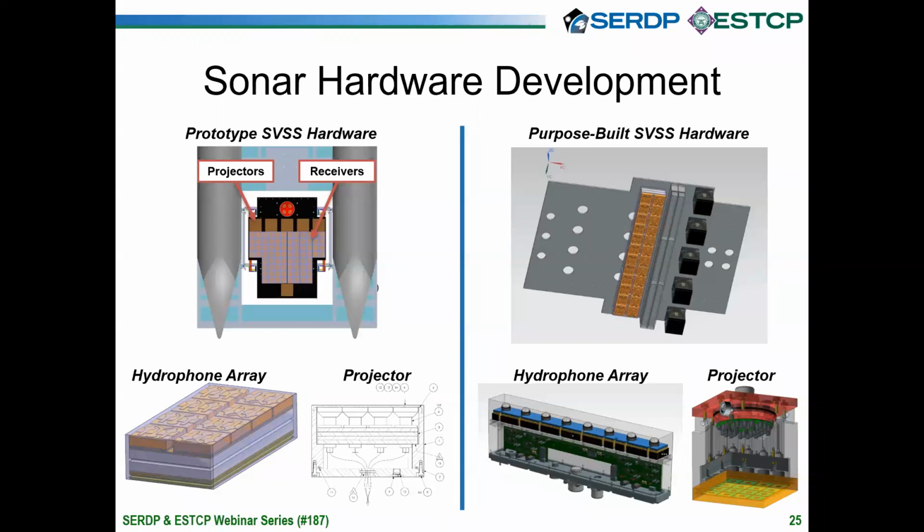We're currently coming through the final stages of fabrication of our new hydrophone array. So we're moving away from our 2x4 configuration into a 1x8 configuration with an integrated preamplifier here. So these new hydrophone array elements actually are going to give us the ability to greatly expand the dynamic range of this sonar system.